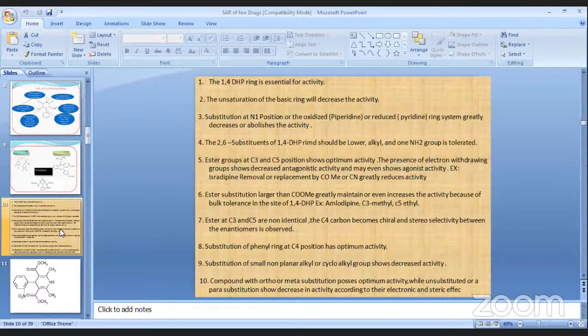If you substitute alkyl or cycloalkyl groups, then activity will decrease. If the substituent is an ortho nitro group, or if you change it to ortho or para direction substitution, it gives some electronic effect and you will get some activity. So para substitution also has some effect.